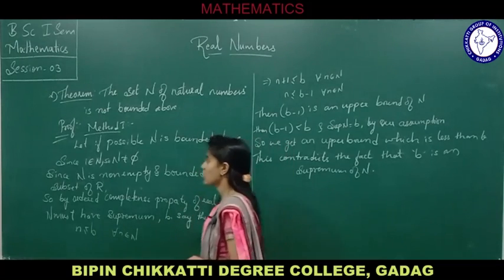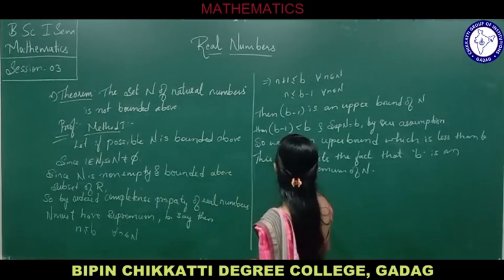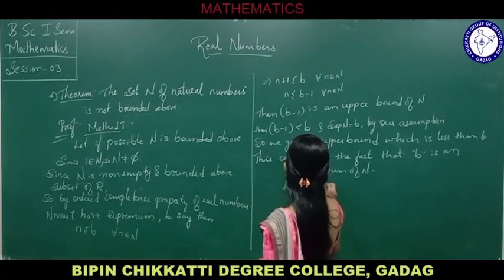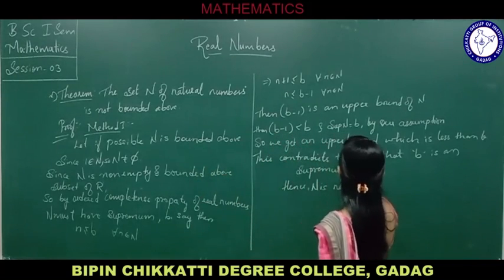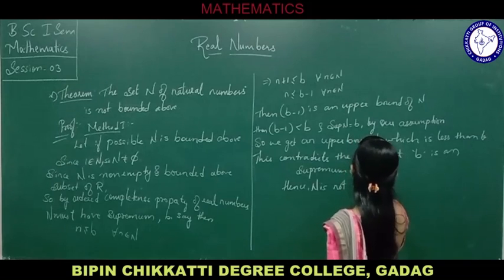Therefore, N is not bounded above. Hence, N is not bounded above.